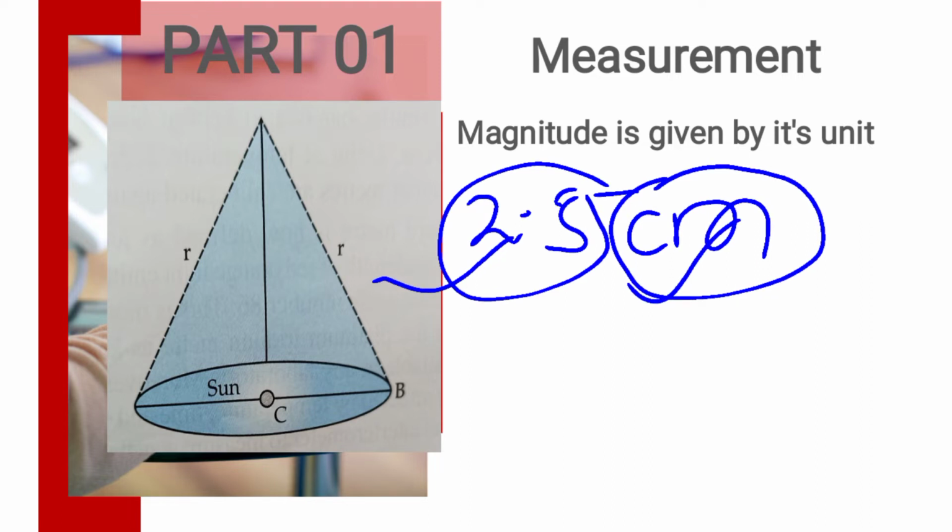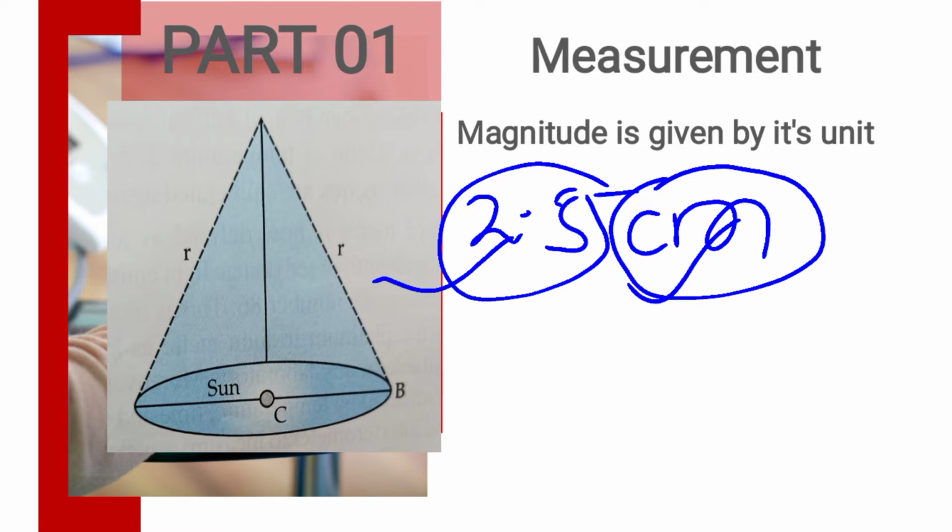Okay, so the direct comparison with a standard unit is called direct measurement, for example using a meter scale. On the other hand, the distance of the moon from the surface of the earth cannot be measured by the direct method. Therefore the indirect method of measurement becomes necessary. The distance of the moon can be measured by sending a radar signal or laser beam to the moon and then receiving its echo.